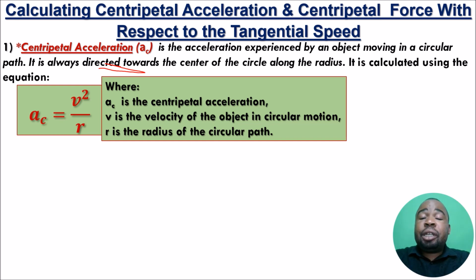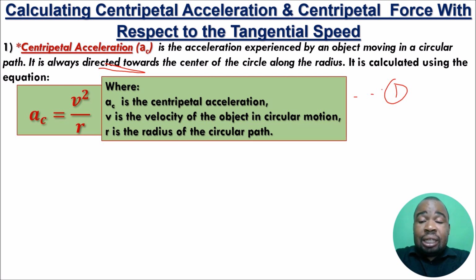This is the expression I'm going to call equation number 1, the one we use to solve for centripetal acceleration. It relates centripetal acceleration to the radius and to the speed. Which speed? Tangential speed, the speed along a circular path.